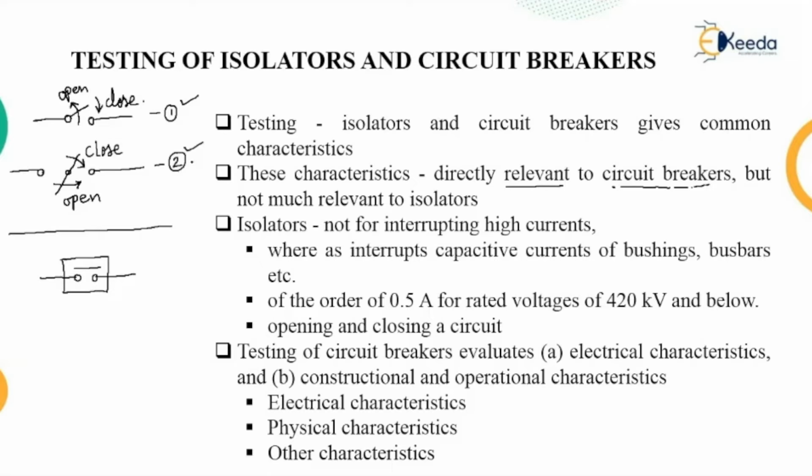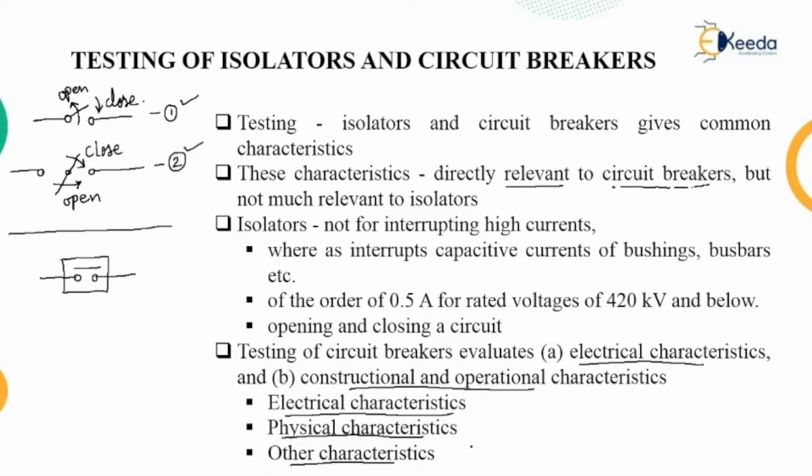The testing of circuit breakers evaluates constructional and operational characteristics and electrical characteristics. So we have the categorization of the testing of circuit breakers as electrical characteristics, physical characteristics, and other characteristics.